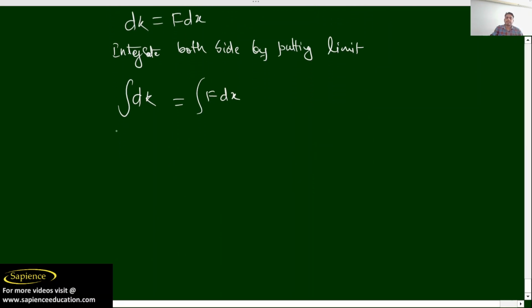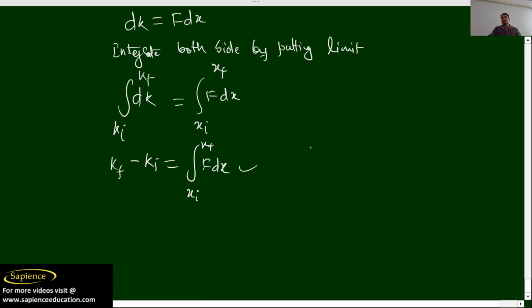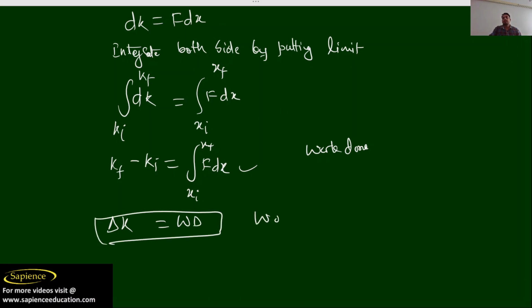For dK it goes from initial kinetic energy to final kinetic energy, and for F dx it goes from initial position xi to final position xf. So the left side is final kinetic energy minus initial kinetic energy, and the right side is the integration of F dx from xi to x final. The integration of F dx is only work done. So we have proved that the change in kinetic energy is equal to work done, and this is what we call the work energy theorem.